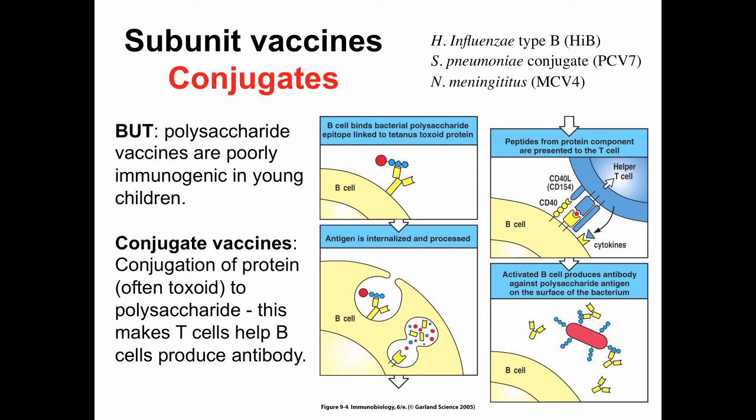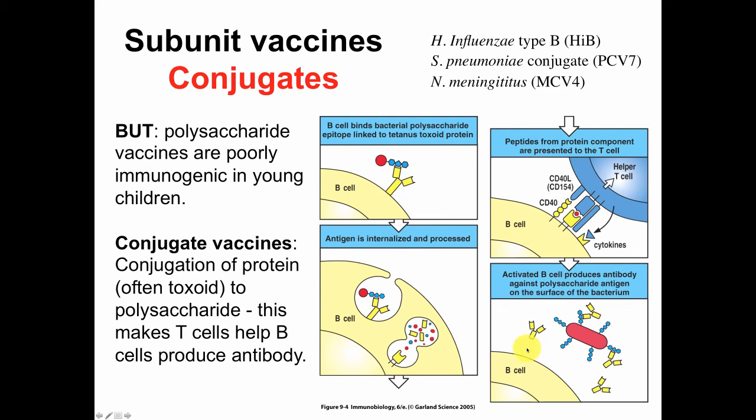This is really the same slide that I showed when I was talking about B cell activation, where you have a conjugate of a polysaccharide epitope with a protein carrier, in this case a tetanus toxoid protein. The polysaccharide epitope will target B cells that have a receptor specific for the polysaccharide epitope. The antigen is internalized and processed, and the protein portion of the vaccine will be degraded into peptides presented to T cells, and T cells then can provide help to the B cell.